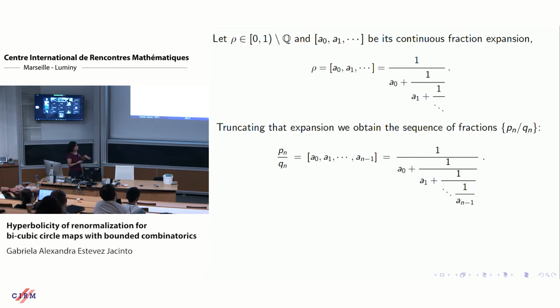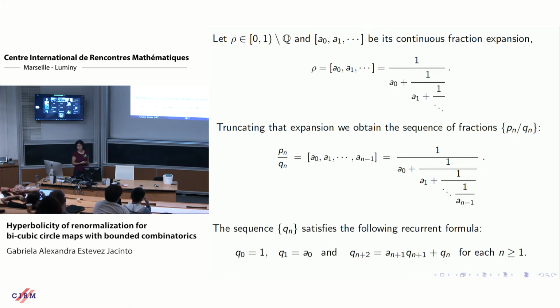So you do the calculation and you get a sequence of fractions p_n over q_n. This q_n satisfies this recurrence formula. When you know the first two numbers, and of course the constants a_n, you will be able to know all the other ones.